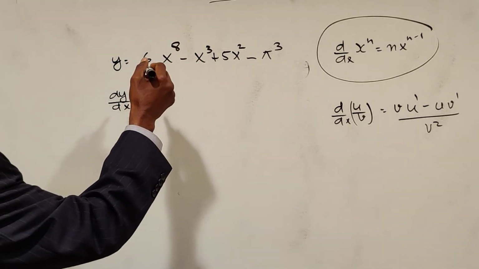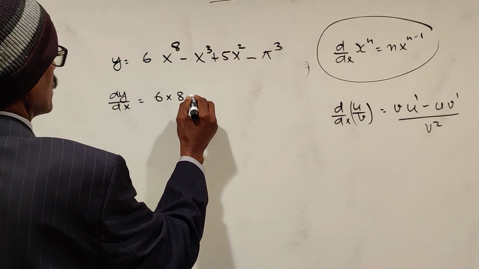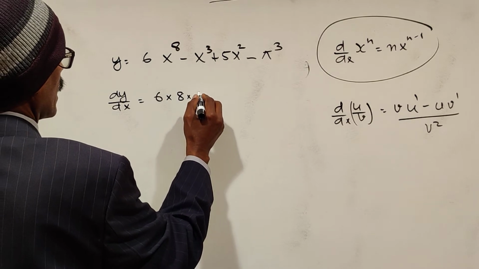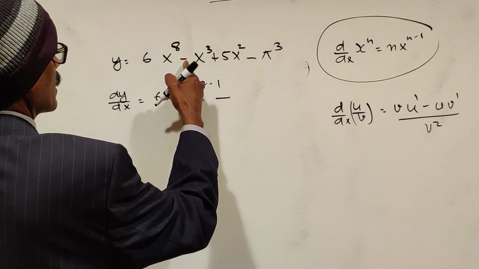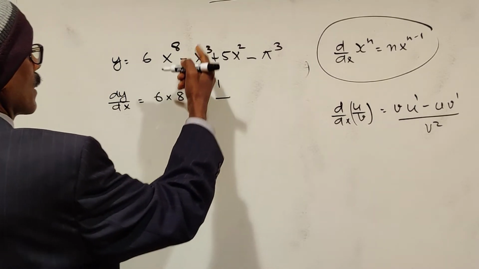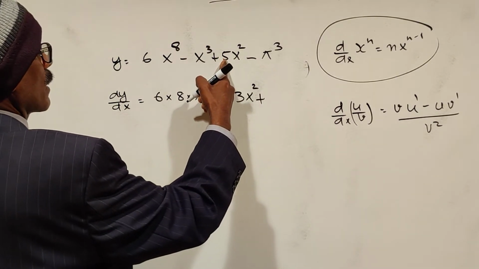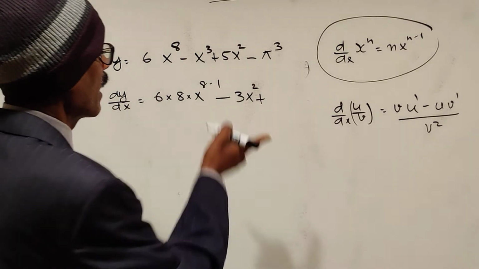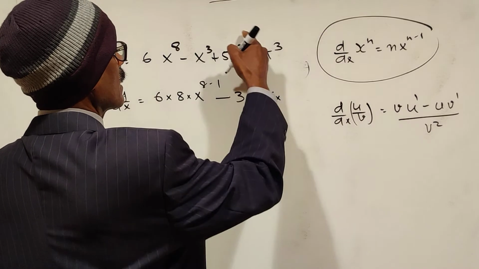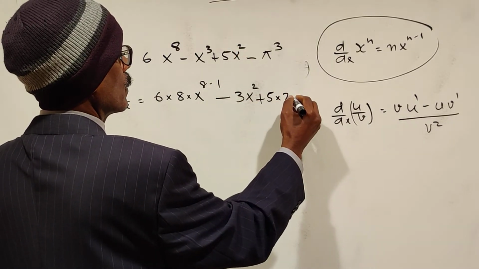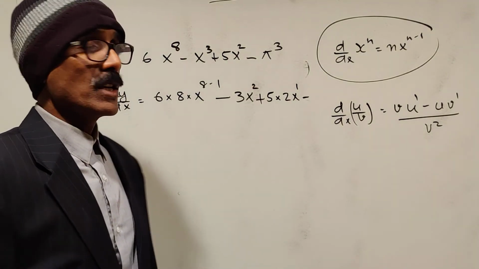The derivative of x to the power 8 is 8 times x to the power 8 minus 1, minus the derivative of x cube, 3x square, plus the derivative of 5x square. 5 is a constant, just leave it, times the derivative of x square, 2x to the power 1, minus the derivative of pi cube.